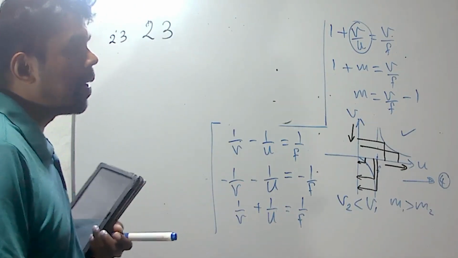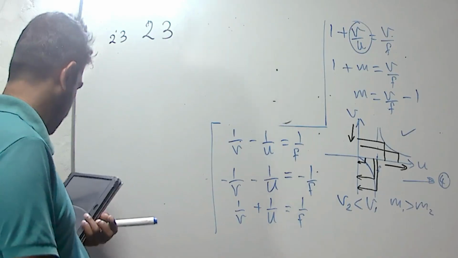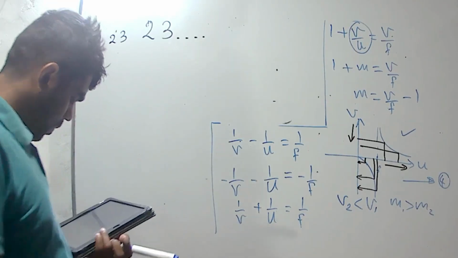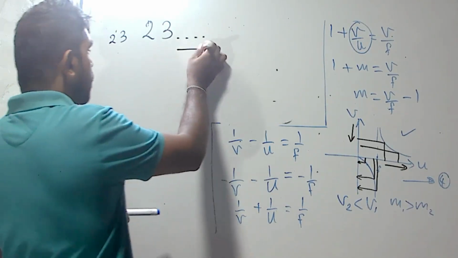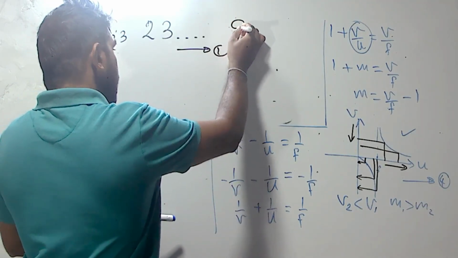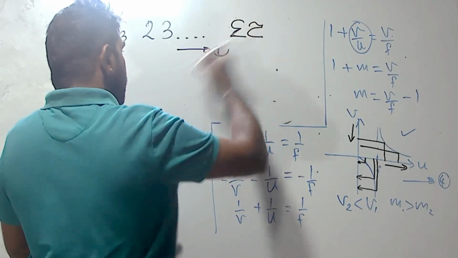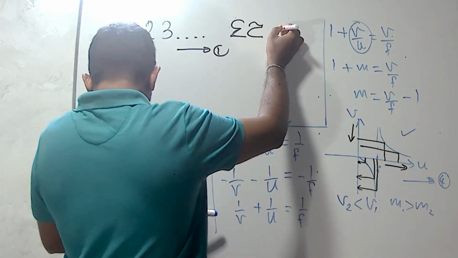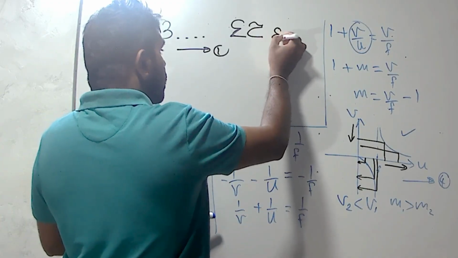It means magnification is decreasing with distance. Therefore, it should be the first answer. You can obtain, it is like this, an inverted and magnified image. Magnification is decreasing, then we can get a small image.